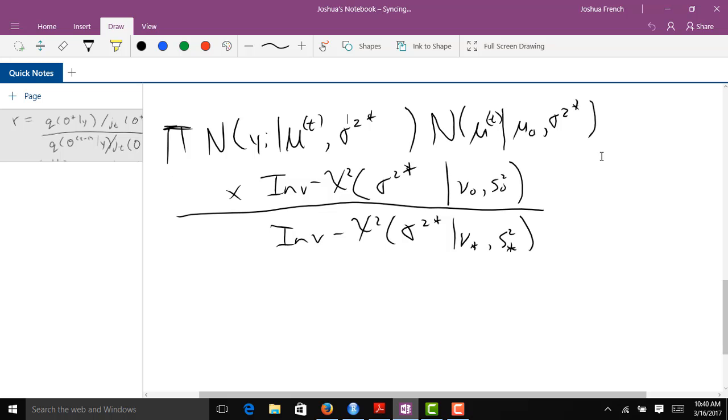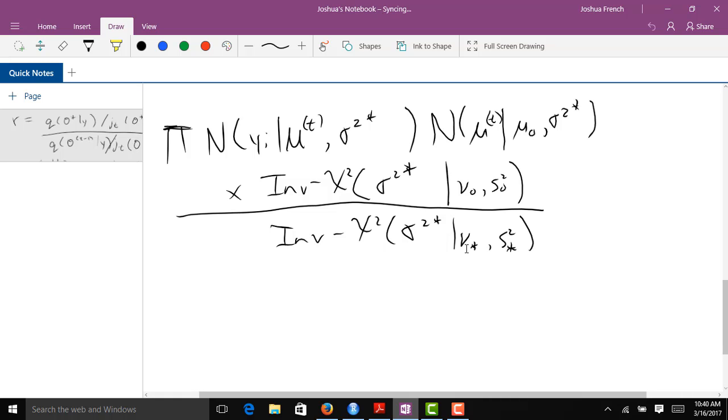Now that I have the numerator of my acceptance ratio, I need to scale that by a density related to my jump distribution. The jump distribution for sigma squared was inverse chi squared. I'm going to evaluate that at sigma squared star, the value that I just sampled from my jump distribution.